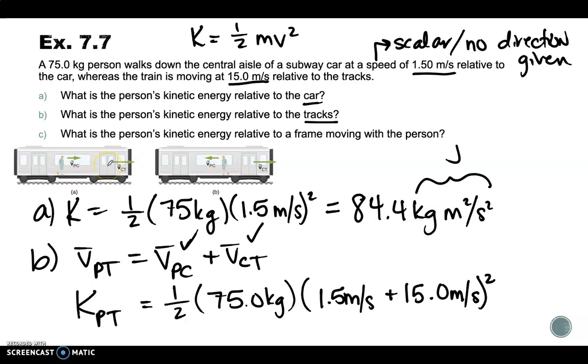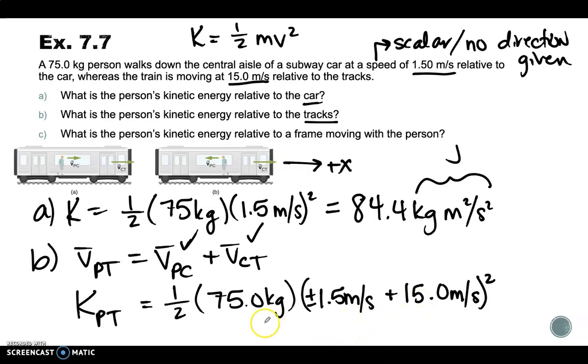We can say that this is the positive x direction, so he could either be walking in the positive x direction or the negative x direction. And we don't know which, so that throws a little bit of a wrench in the problem. So this could be a plus or a minus right there. Okay.